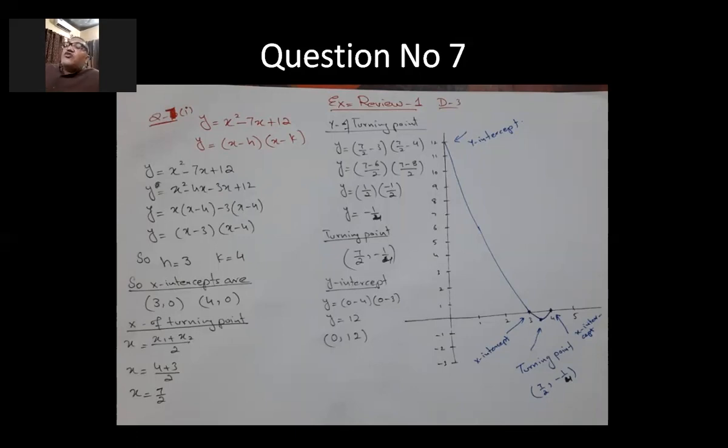I will multiply the extreme terms, so the product will be 12x squared. I will look for factors which by multiplying will give 12, and by addition will give minus 7. So the pair will be minus 4 and minus 3.